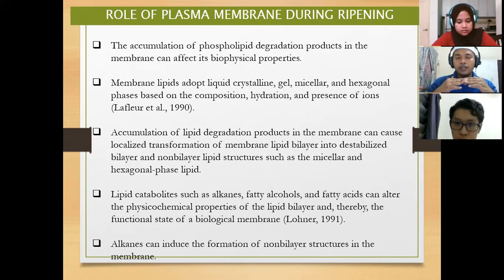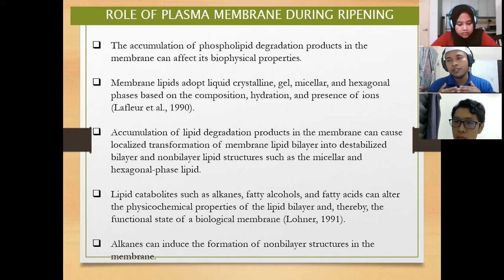So when you change the charge of the plasma membrane, different enzymes come and bind to the plasma membrane, and they chop the lipids. As a result, the plasma membrane turns from the fluid phase to the solid phase or gel phase. That means they are not flexible.